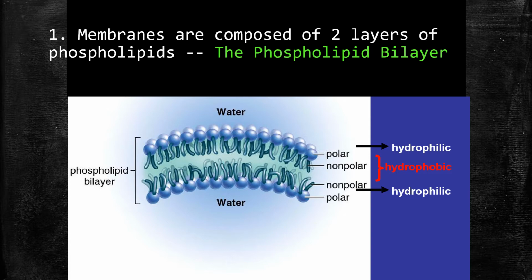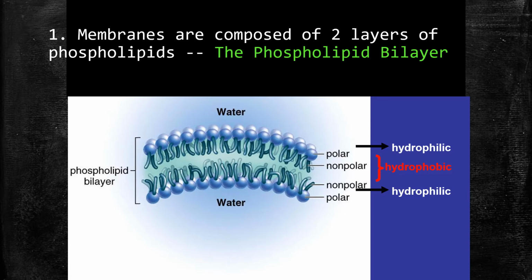And so that is why we call this a phospholipid bilayer. The phospholipid bilayer means that each layer is composed of a polar head and a nonpolar tail. The nonpolar tails are hydrophobic, which means they do not like to interact with water. So in order to escape the water, they point towards each other. And so that's that inner layer that has the hydrophobic tails.